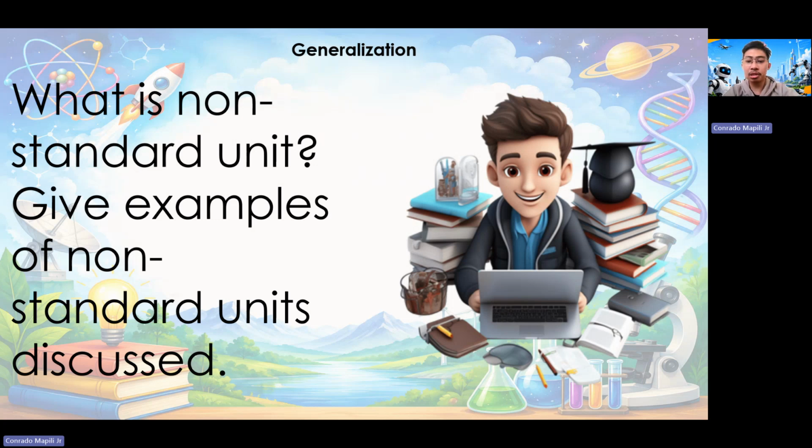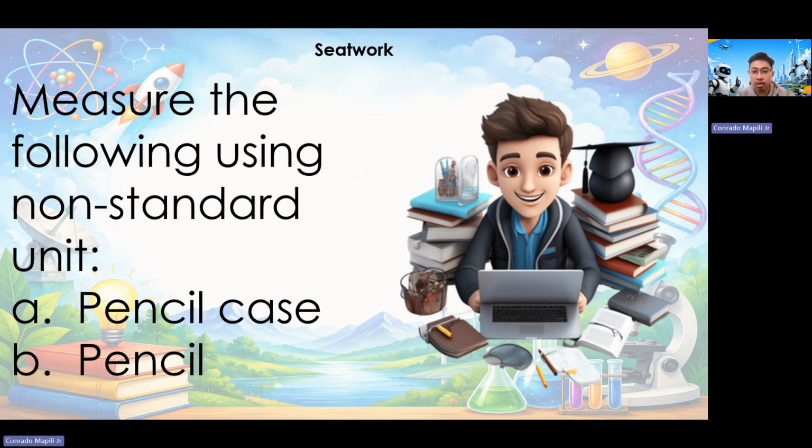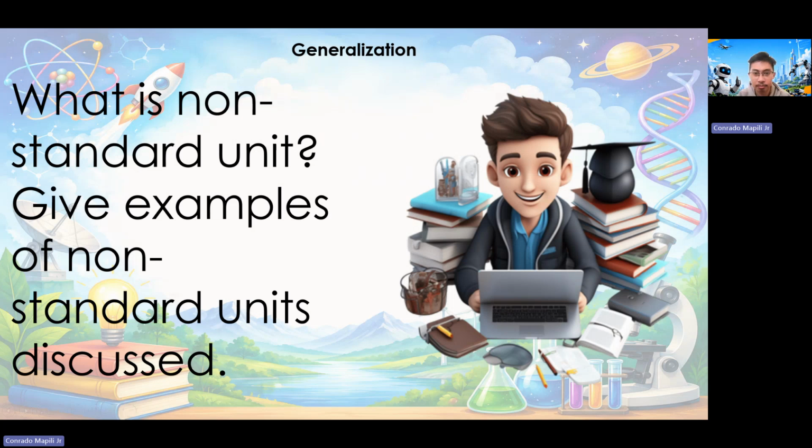What are the examples given? We have paper clips, handspan, arm span, footsteps, blocks or spoons, plastic cups, bowls, and marbles. Those are examples of non-standard units of measurement. As a generalization, let's watch this video of our lesson.